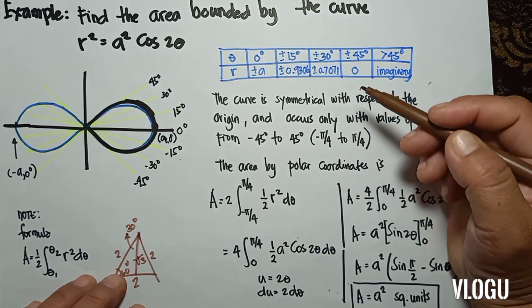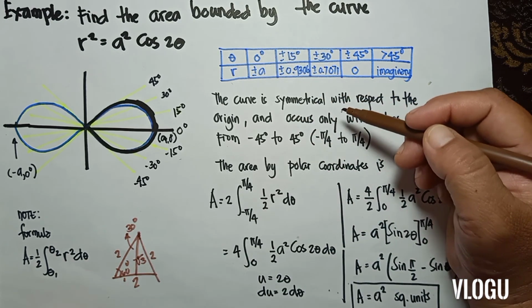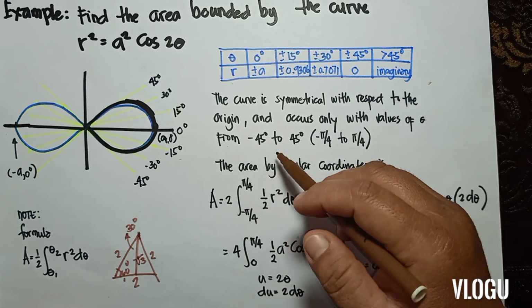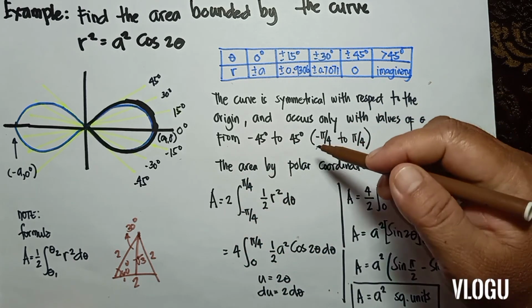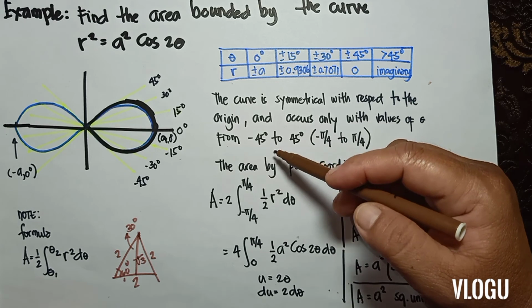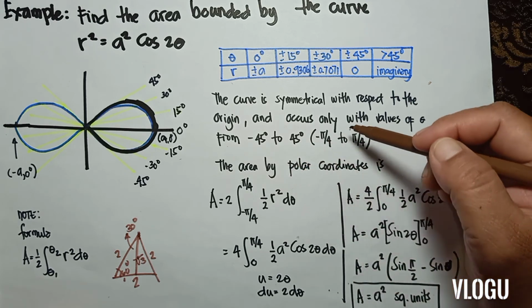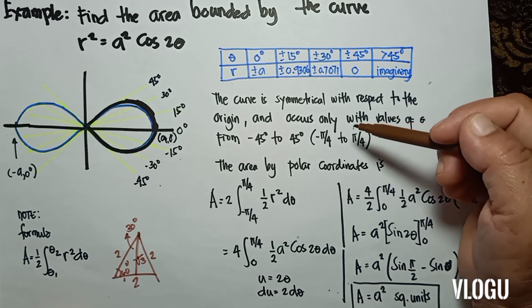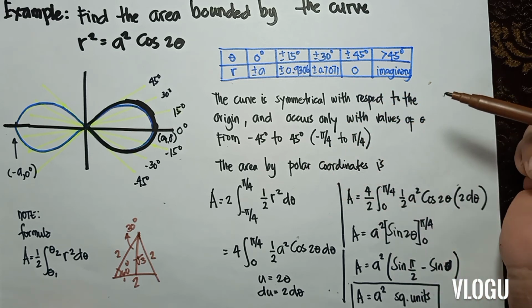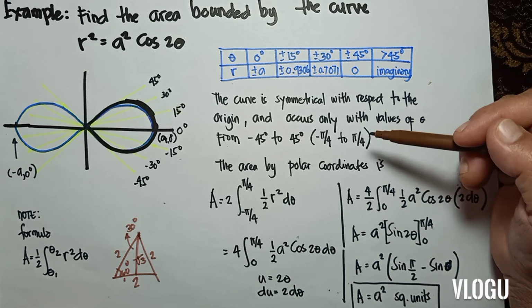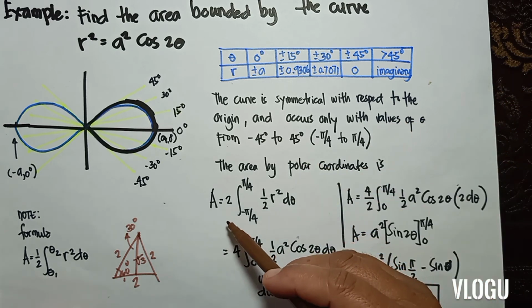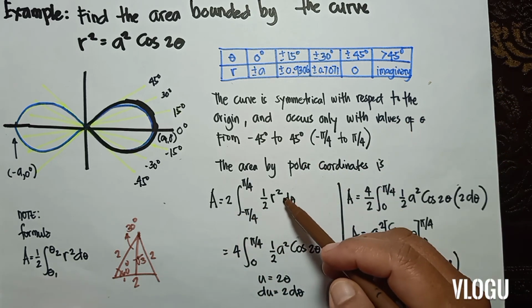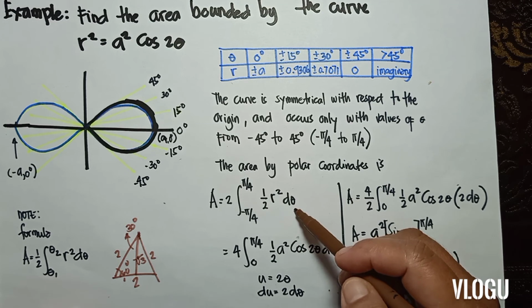So here, this explanation here, the curve is symmetrical with respect to the origin and occurs only with values of theta from negative 45 to 45 degrees, or negative pi over 4 to pi over 4. So the area by polar coordinates, you will have area is equal to 1/2 r squared d theta.